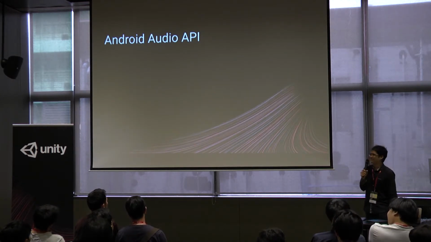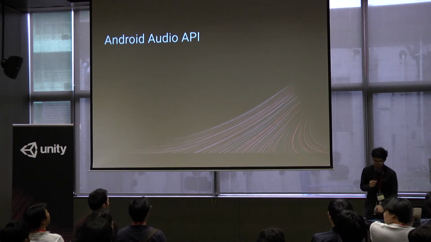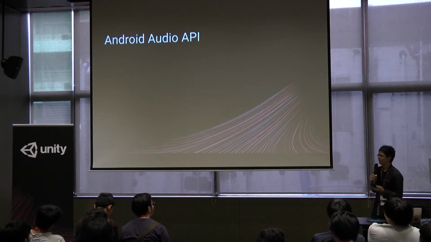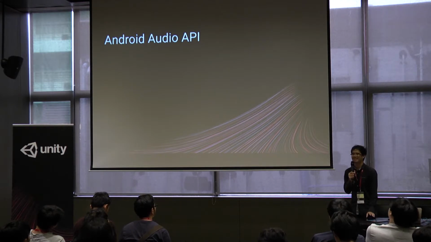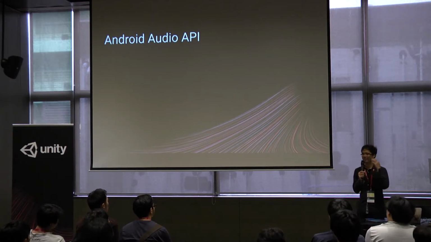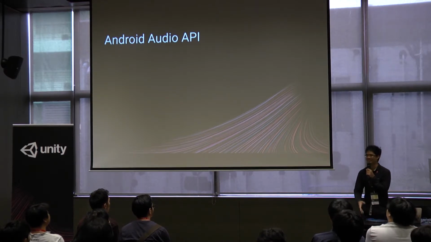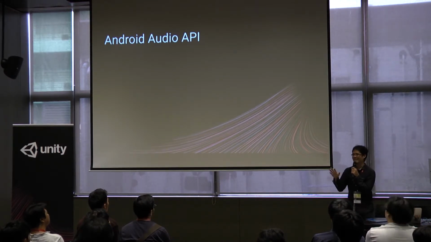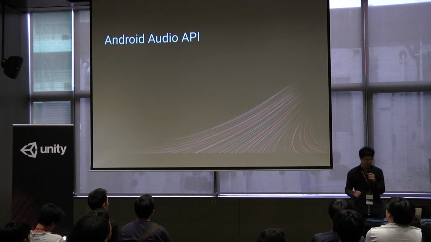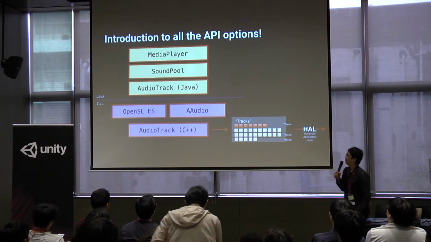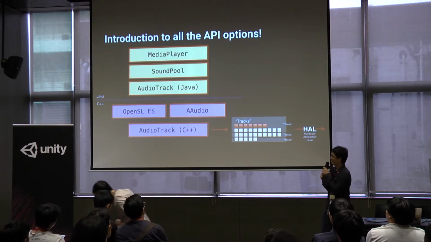So next, I will explain, if Unity does not exist, if you are just an Android developer, what you have to do to make the sound come out of your phone and get that latency I showed you. So this is an overview of the audio API in Android.